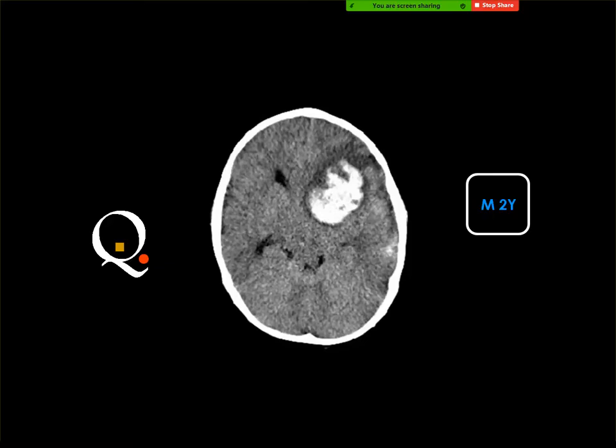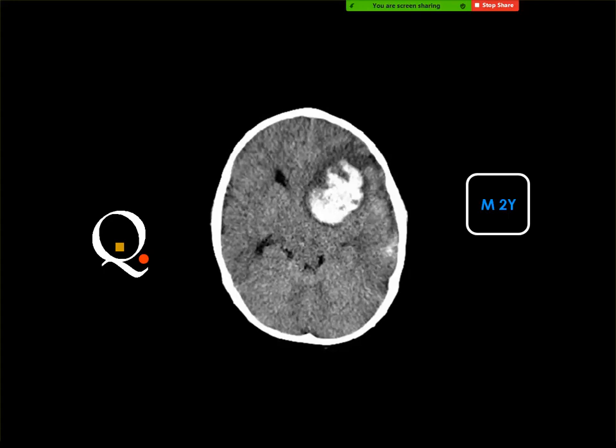Intracranial hemorrhage. Okay, intracerebral hemorrhage in a male patient, 2 years old. And this is important whenever you see hemorrhage in the pediatric age group inside the brain parenchyma with no history of trauma. You should suspect one of three.